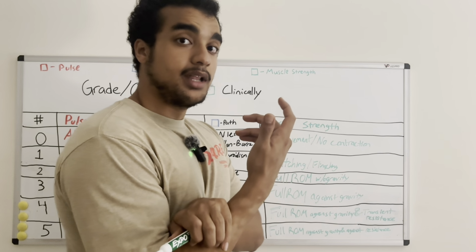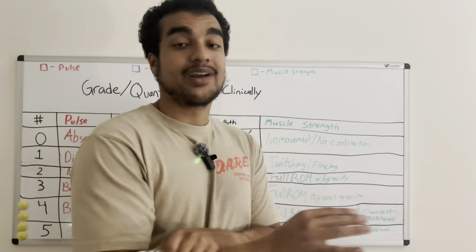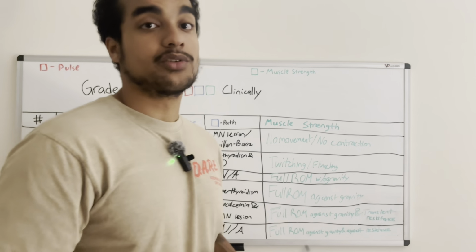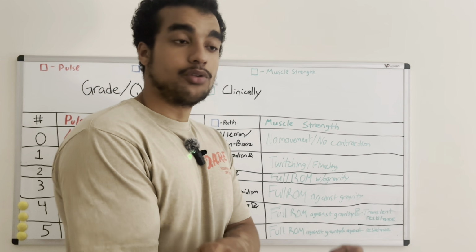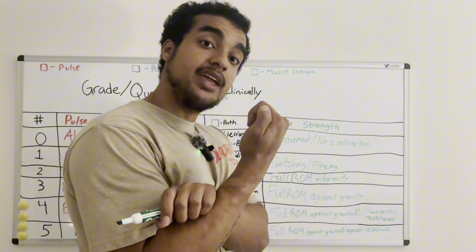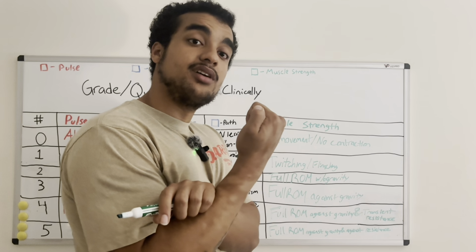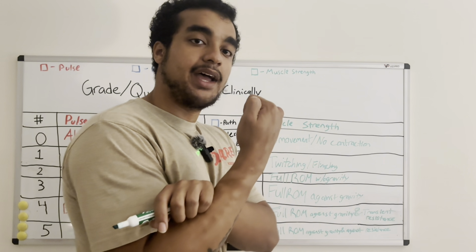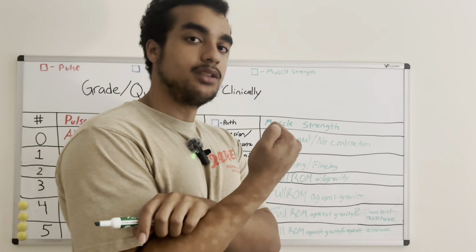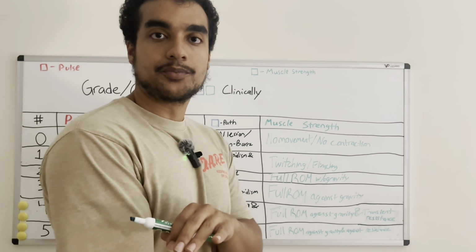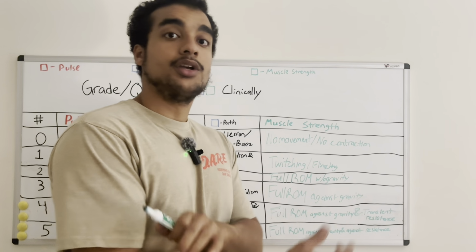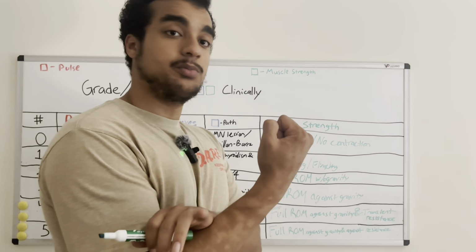But like I said, here is transient resistance, which means short-term resistance. So if you ask them to pull their hand and resist against you, they can do it for a short period of time, but then at some point they can't sustain those muscular contractions anymore and their hand will fall back to the table, right? That'll be a grade 4. You can go against some resistance, but you can't sustain the position for long enough.